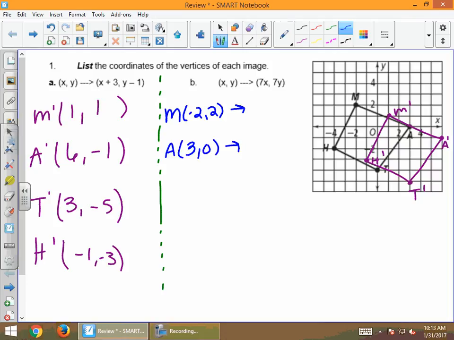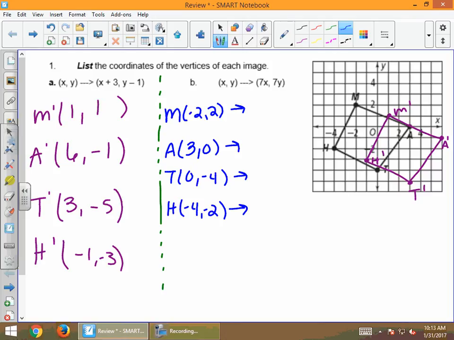T is 0, -4. And H is -4, -2. Right? You have to write down those original points when you do a dilation and rotation. For reflections and translations, you're just counting, so you don't necessarily have to write them down.